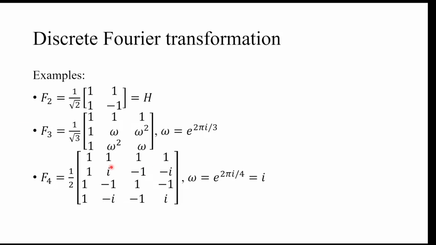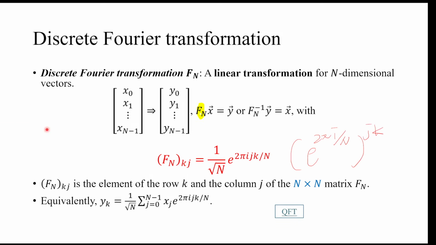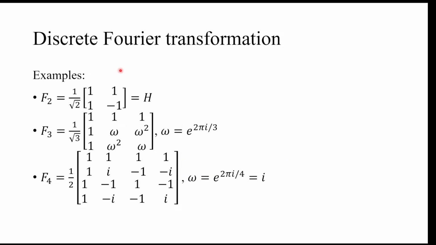Here k and j are the row number and the column number, but the convention is a little different. Usually here we don't want to index from 1 to n.